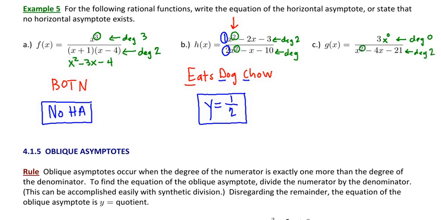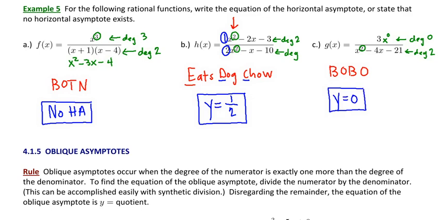So the degree of the bottom is bigger than the degree of the top. That is, it's bigger on bottom. Therefore, the equation of the asymptote is going to be y equals 0. Remember, BOBO stands for bigger on bottom 0. So the equation of our horizontal asymptote then would be y equals 0. Y equals 0 is the equation of the x-axis.